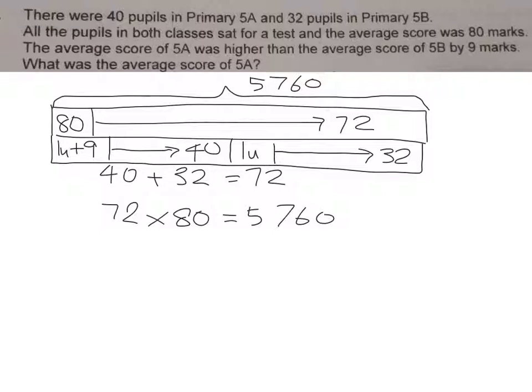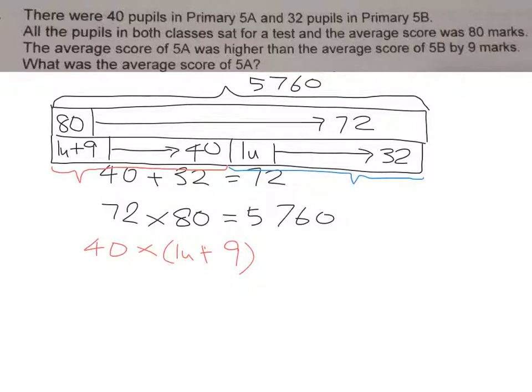Okay, so if you multiply that out, the total score for all the pupils in 5A, sorry, I've got to squeeze in this part. This total would be 40 multiplied by 1 unit plus 9 marks, and the total score for 5B would be this part.